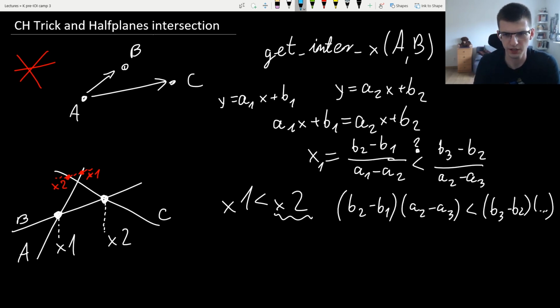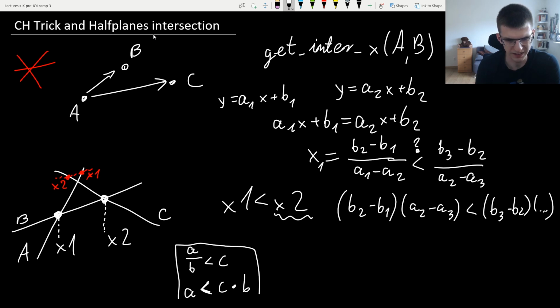One thing you need to be careful about is the following. If you have A over B is smaller than C, you can multiply both sides by B only if B is positive. Otherwise you need to change the side of the inequality.